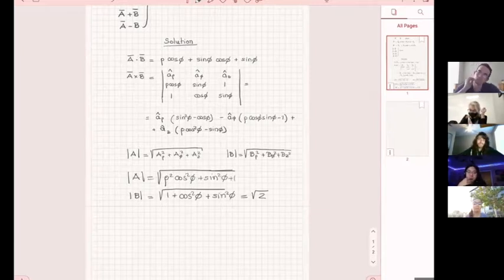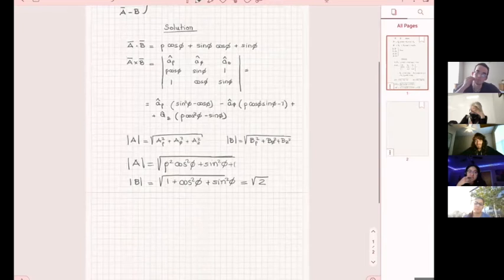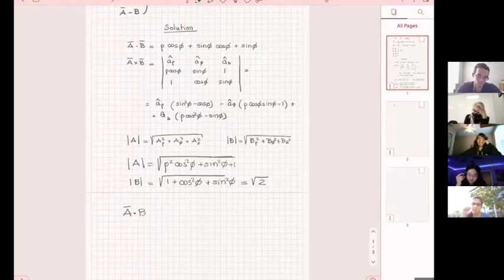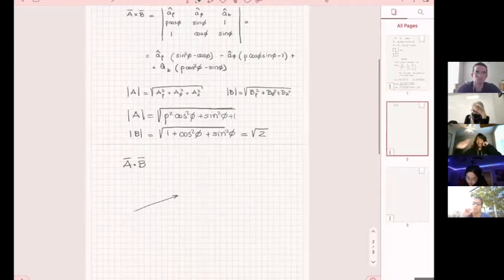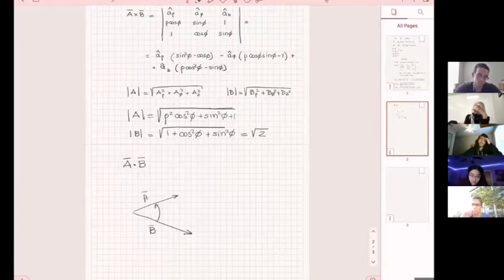Okay? Now, what do I know about A dot B? What do I know about that? Do I not know that if I have two vectors, A and B, and this is theta, do I not know that this is equal to A B cosine theta?